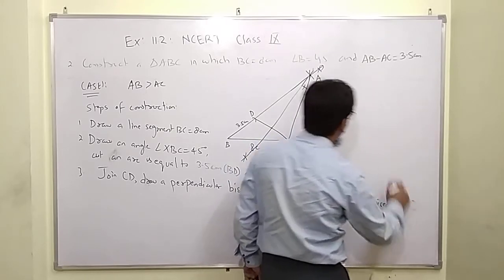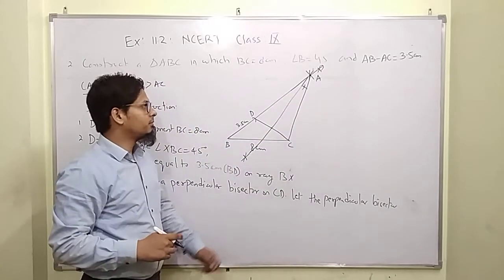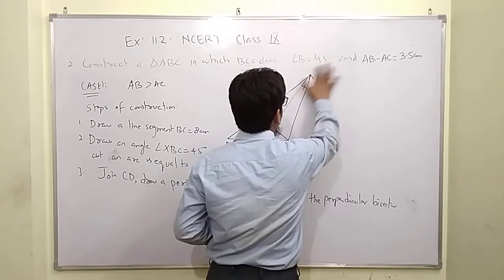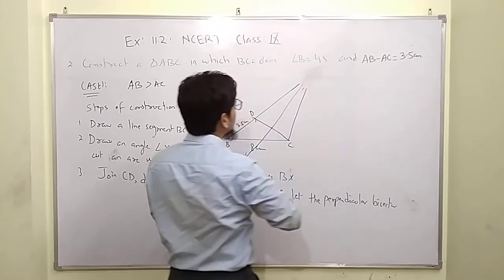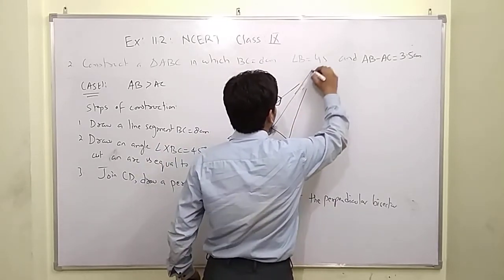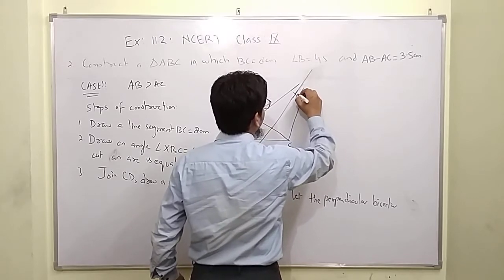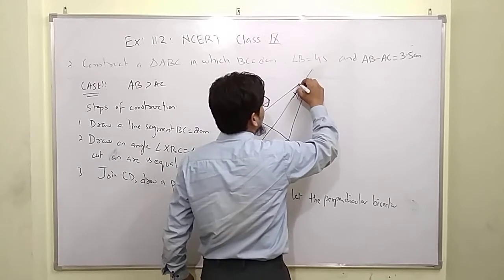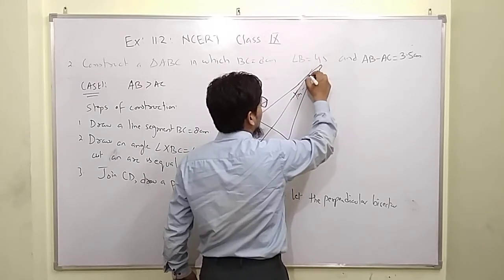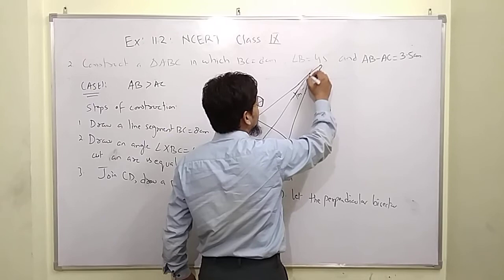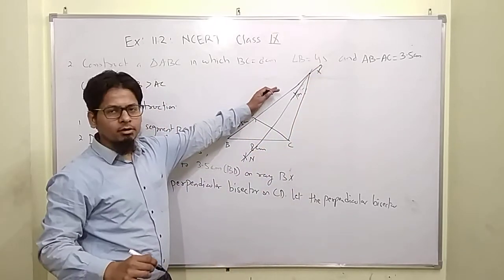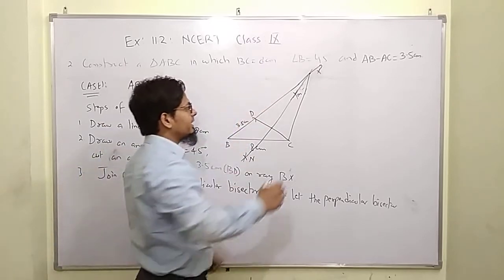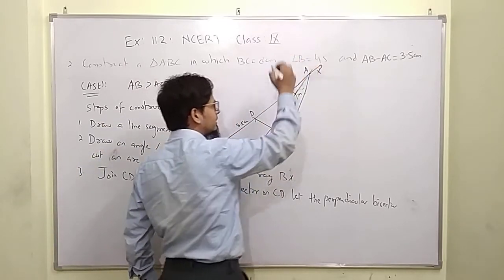Class, you may be getting a little confused in this figure about this perpendicular bisector, so for your convenience I let this point be M and this point be N, and it is ray BX. Wherever this perpendicular and the ray BX intersect, we let this point be A. Now class, this is more clear.